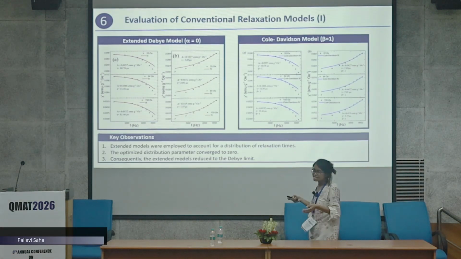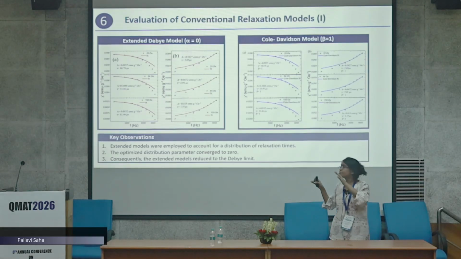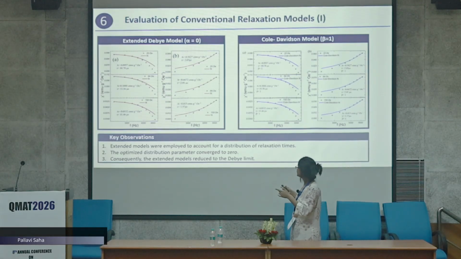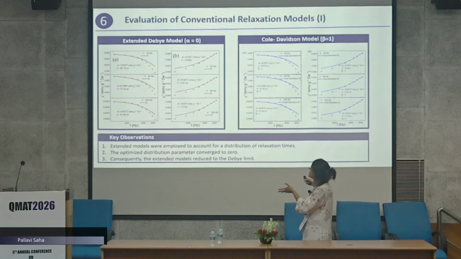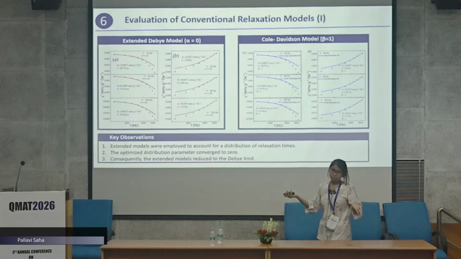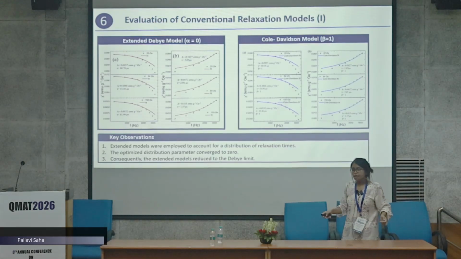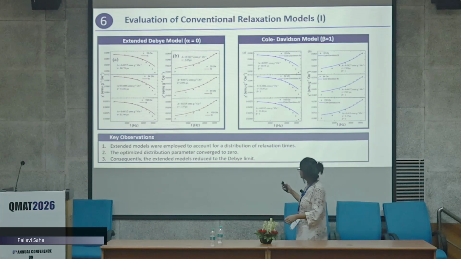So in order to understand the dynamics in the system, we have used those previous data, with the frequency, to fit it with the theoretically given models and to see what the relaxation time and the distribution are. The first one is this Debye model.